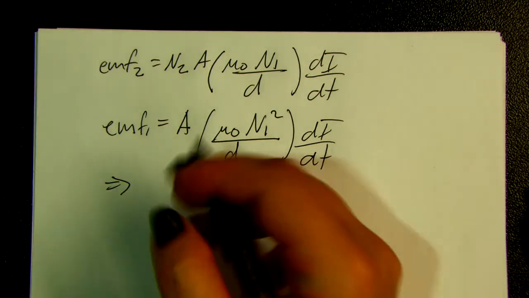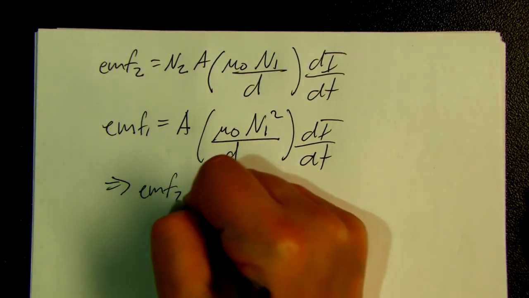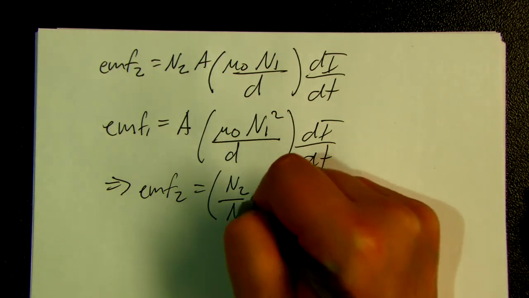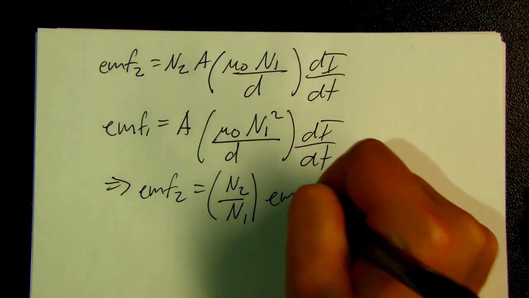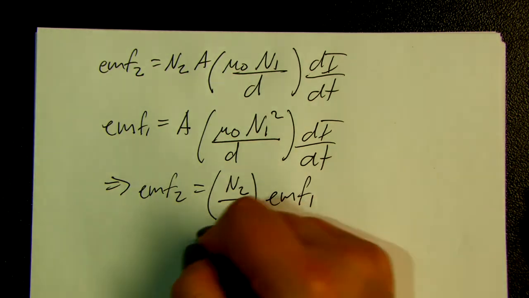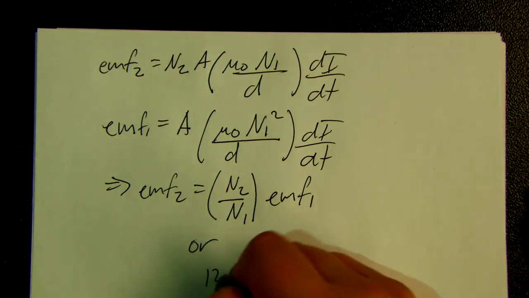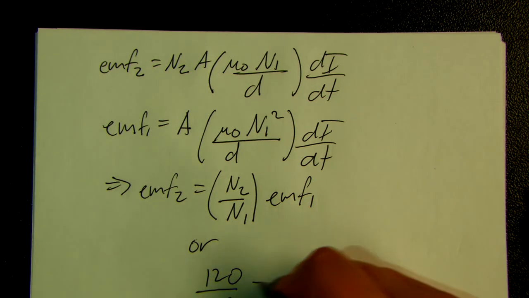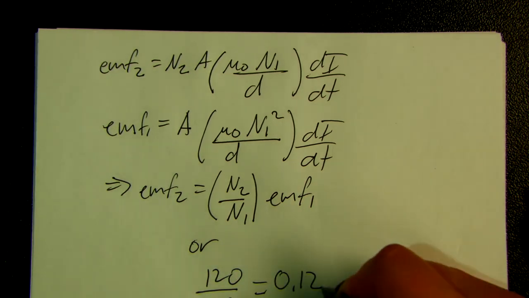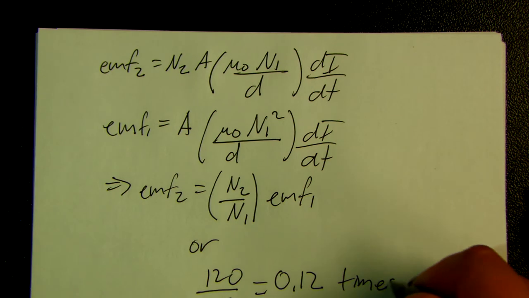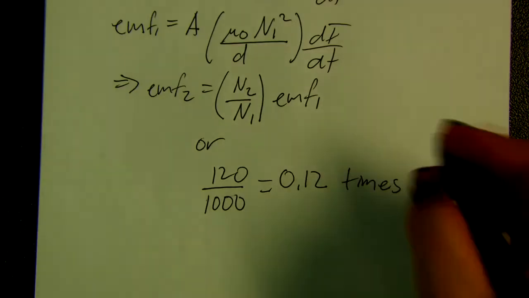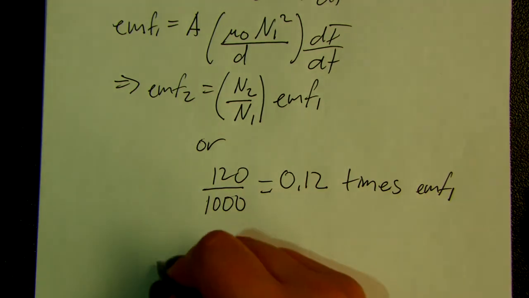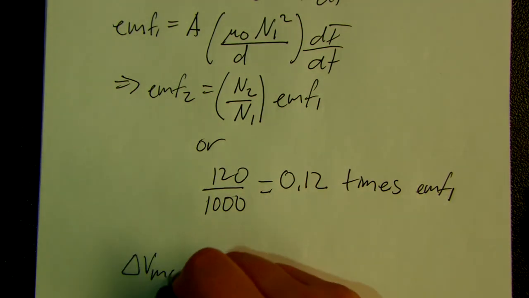Therefore, EMF 2 is equal to the ratio N2 over N1 times EMF 1, or 120 over 1,000, which is 0.12, times EMF 1.